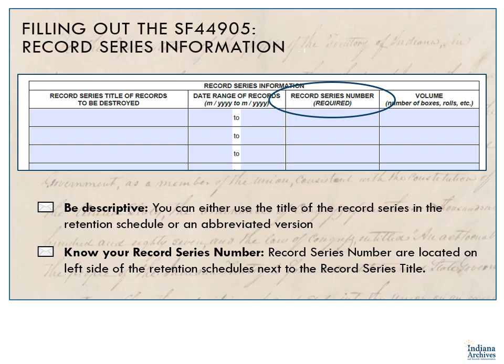If you are having trouble finding your record series number on your office-specific retention schedule or on the county local general retention schedule, please reach out to IARA's Records Management Division for help with this. Lastly, the volume column. This is the volume of records you are requesting to destroy, whether that is boxes, folders, terabytes, or by pieces of paper.